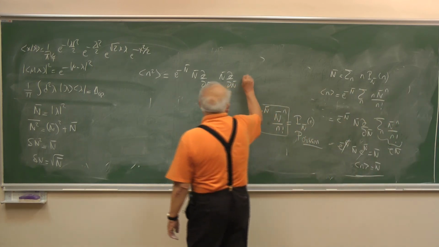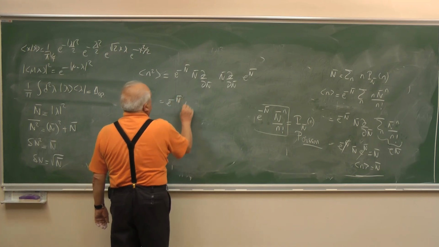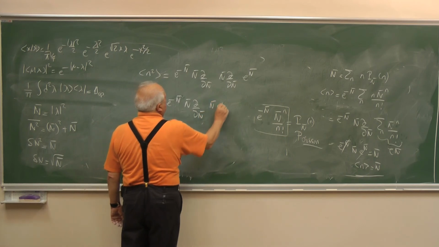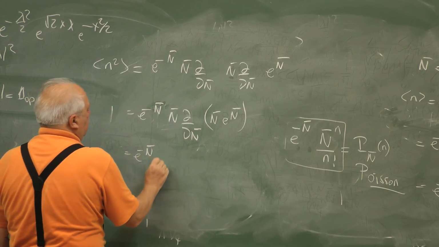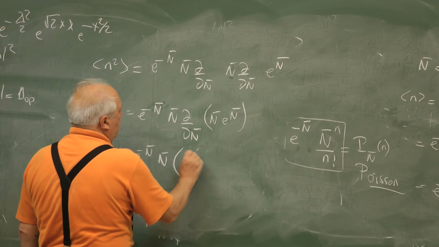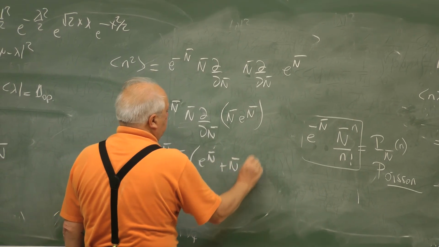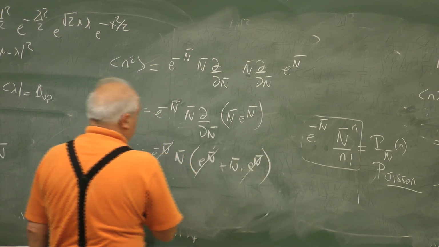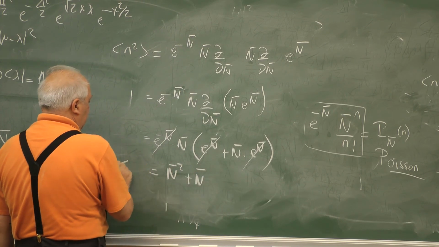The sum is e to the n bar. So it is e to the minus n bar, d by d n bar times n bar e to the n bar. I took the derivative of that, plus n bar times e to the n bar. So these cancel, and this is n bar square plus n bar. So this is n square average.